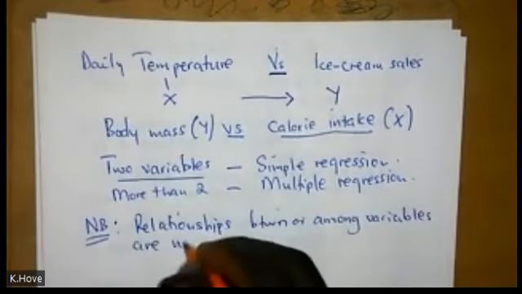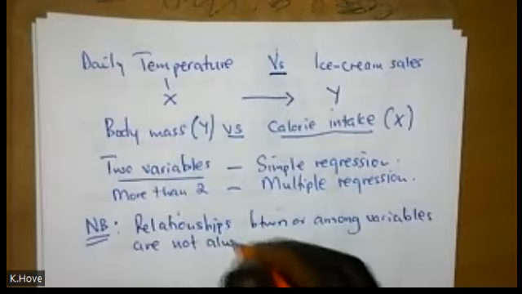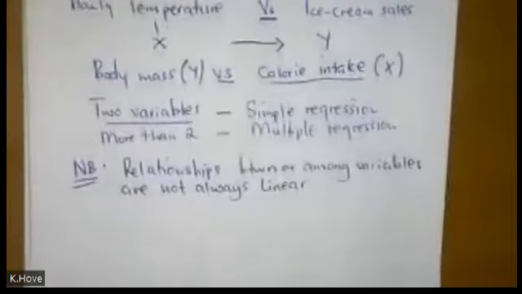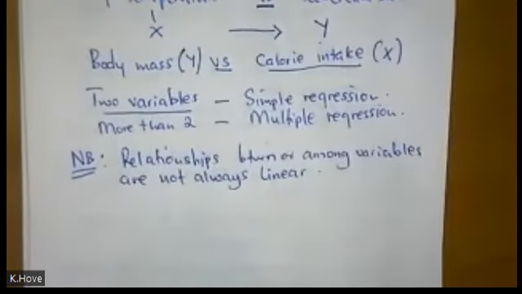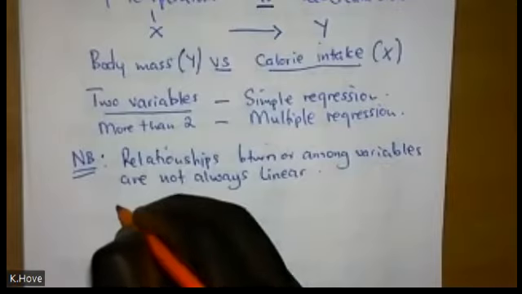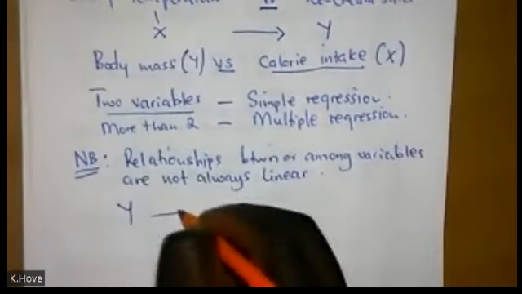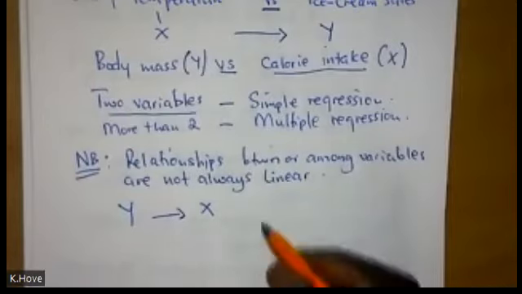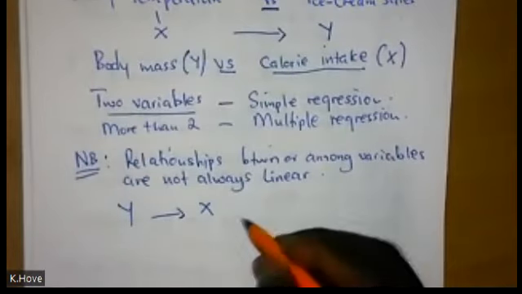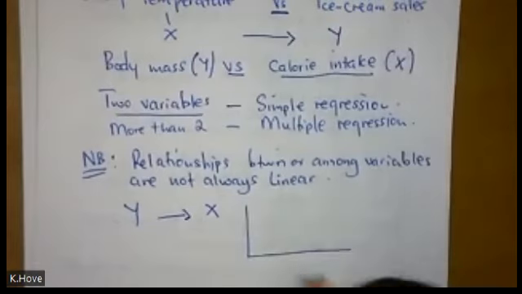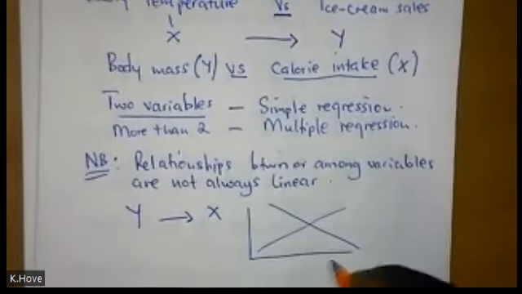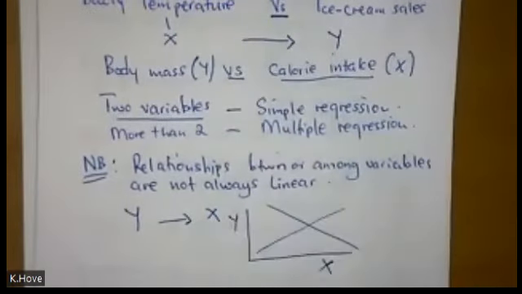What do we mean here? Let me say, for example, we are trying to find a relationship between y and x. We say the relationship is linear if, for example, there is a straight line relationship that exists between y and x.